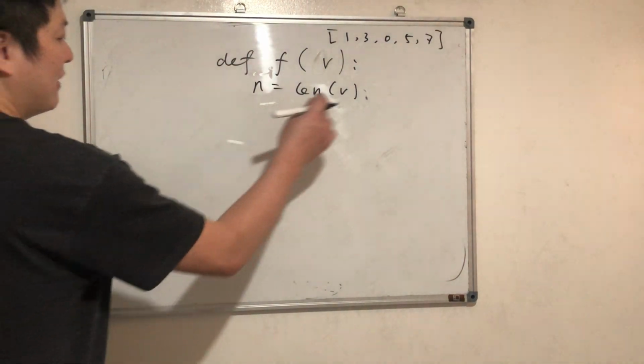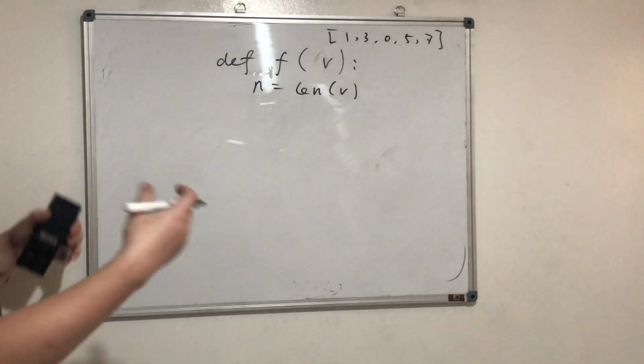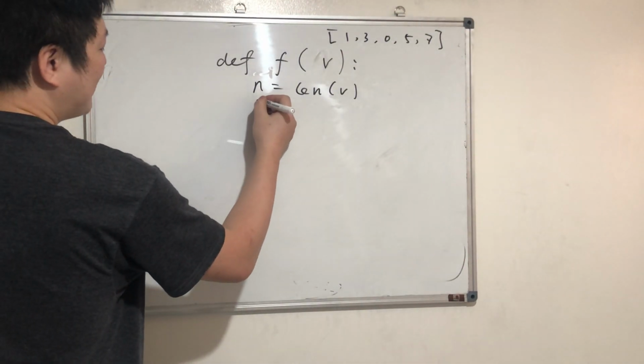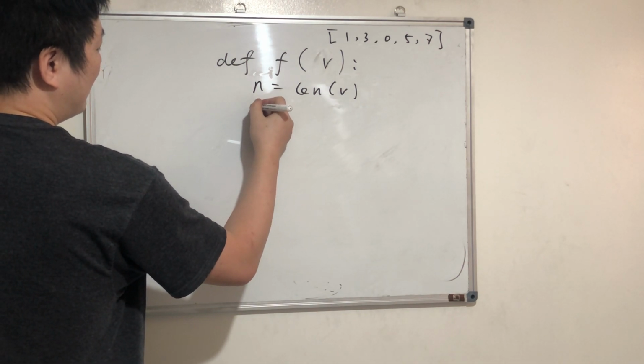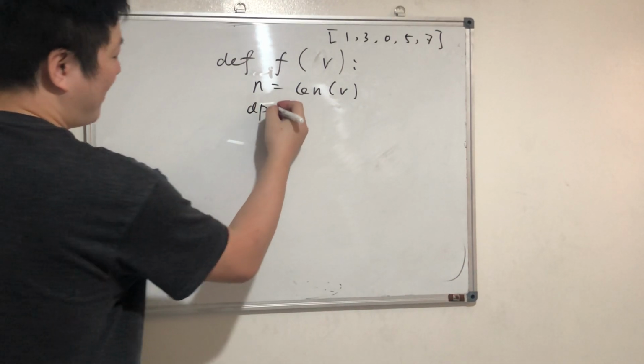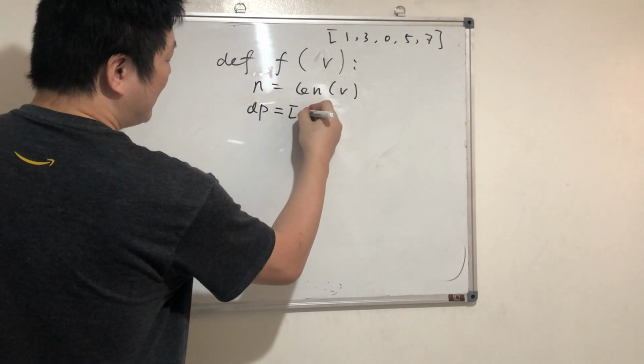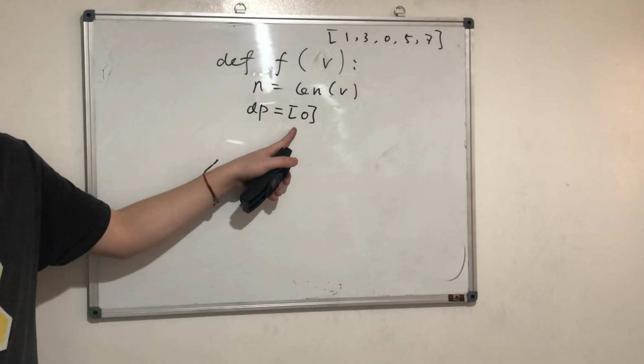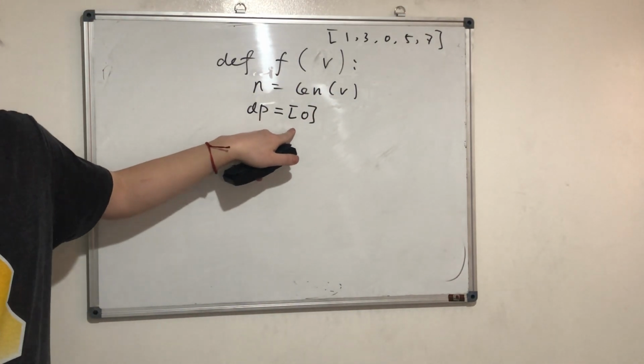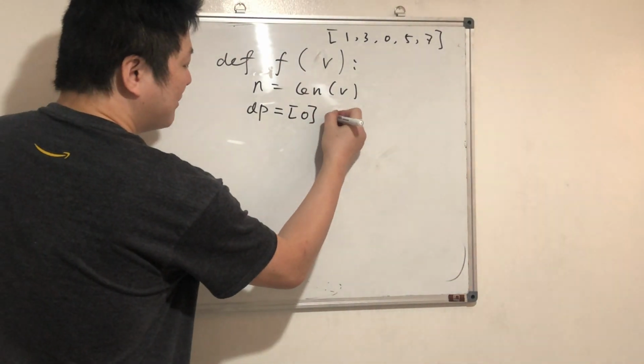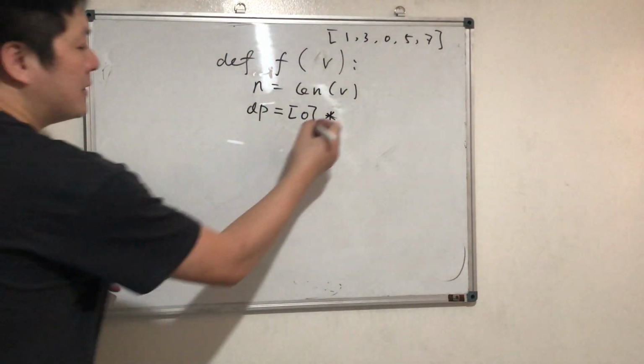Yeah, it's easy. Now we need to create an array, the dynamic programming array. Dynamic programming array equals 0 initially, for each value is 0. Look at this syntax. Bracket 0, times, we use the star, times n.